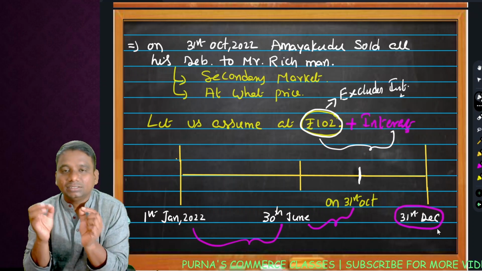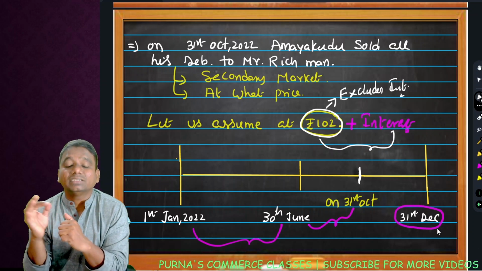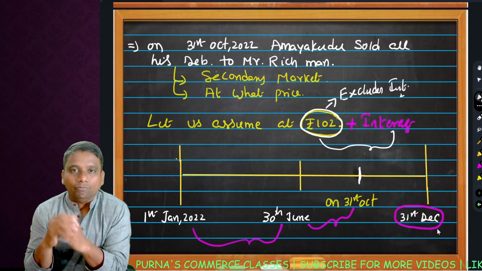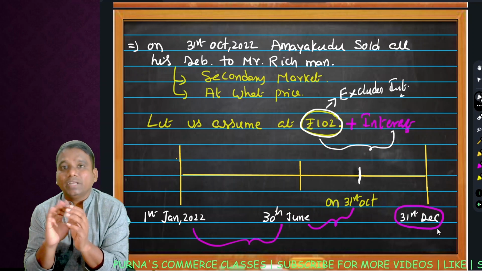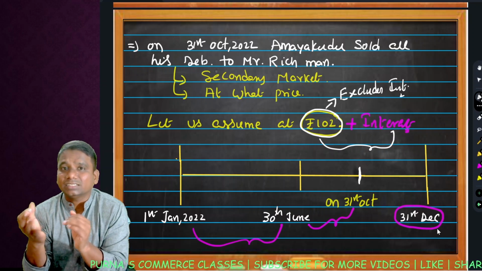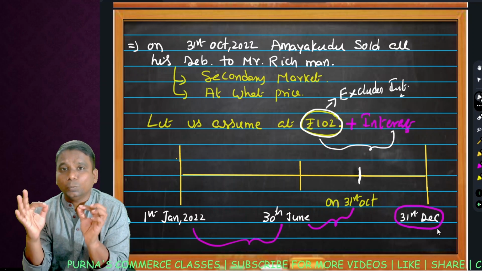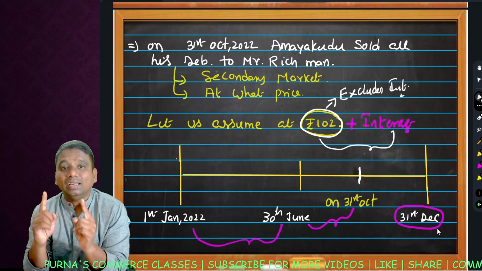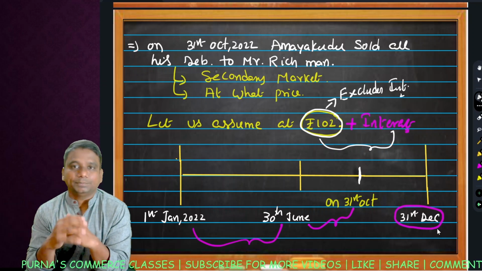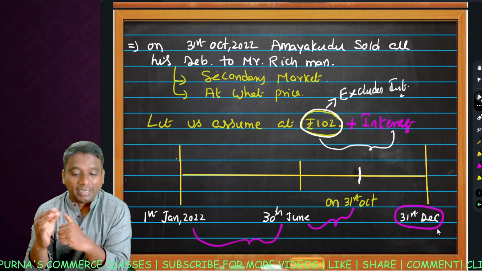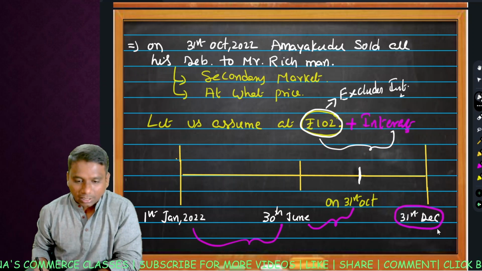That's why this rate is called ex-interest rate. We are paying 102, and at the same time we have to pay interest separately. So this 102 rupees is called ex-interest rate. Okay. Now take another example.